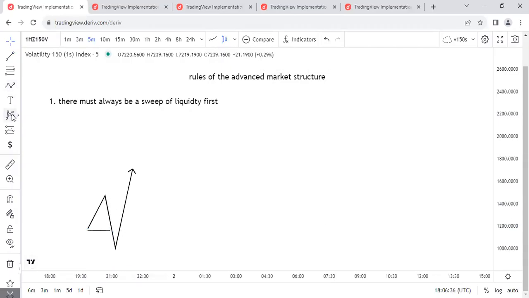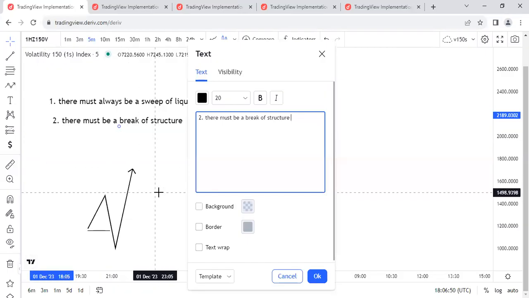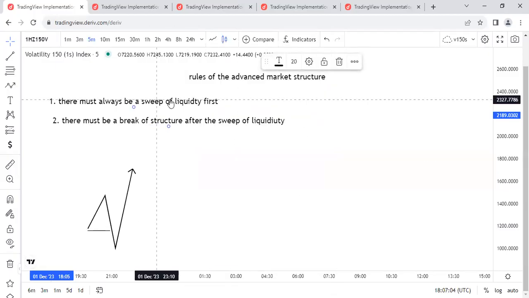Right? Rule number 2, there must be a break of structure. Rule number 2, there must be a break of structure. After what? After the sweep. Are you guys listening?